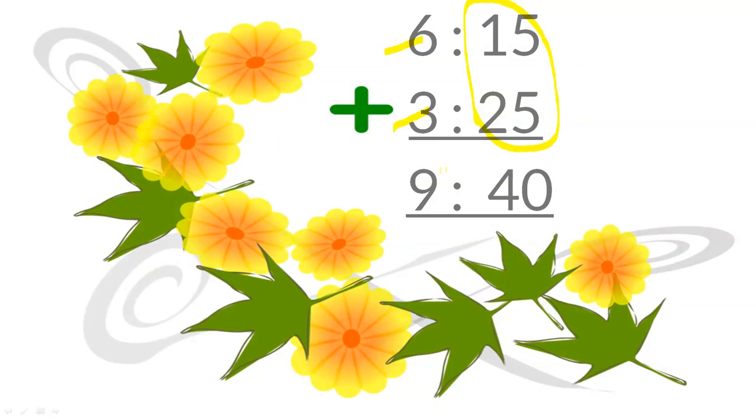It means the hours will be added in the hours, and the minutes will be added in the minutes column. They can support each other, they will help each other, but we have to add them separately.